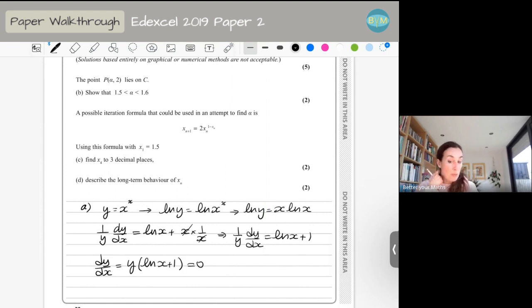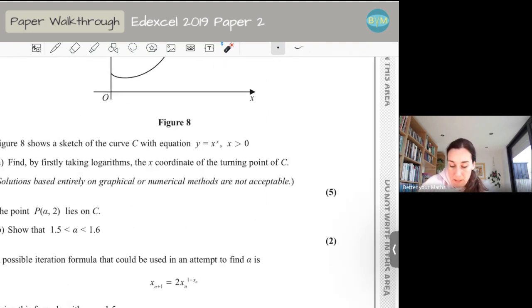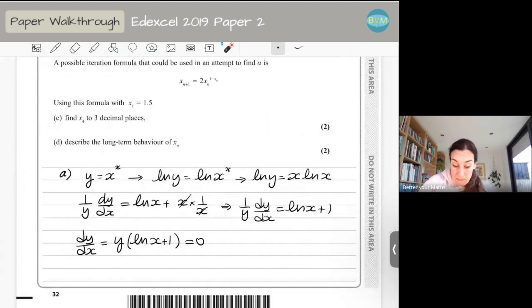I have a product of 2 factors. This y cannot be 0, because y is x to the power of x, and x is greater than 0. So what is 0 is the other bracket.